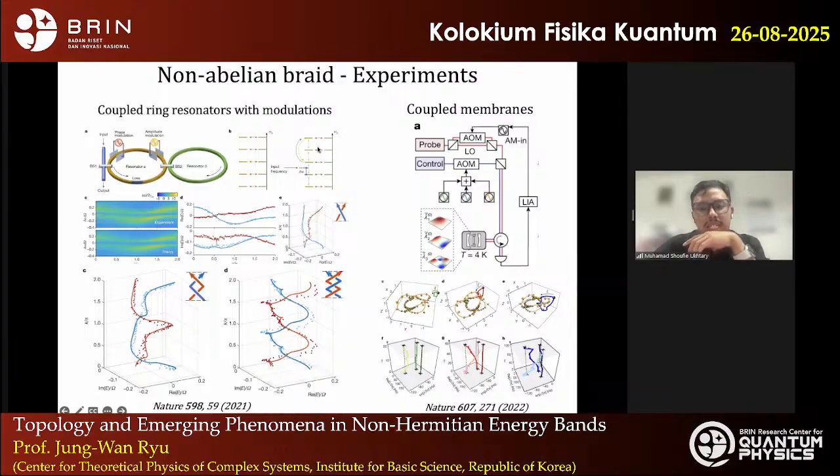Usually we can study the braid group, but I use the cycle of permutation and braid phase. If you think about the braid group, braid operation and braid phase, it's more complicated. It's possible, but it's future work, and I cannot answer about that. But it's possible in simple systems.